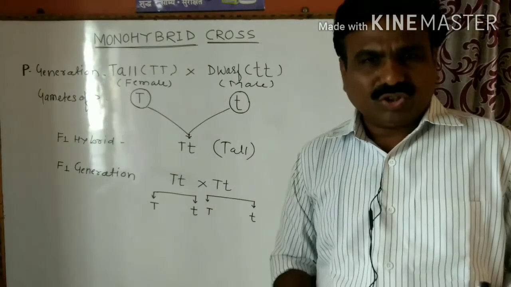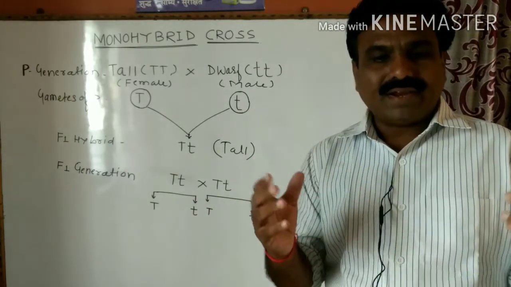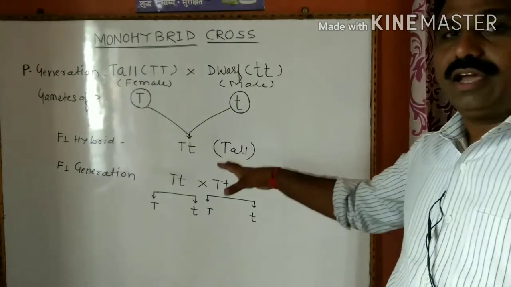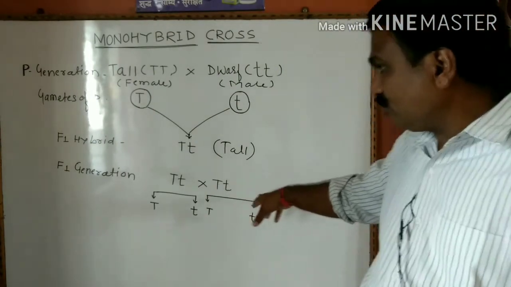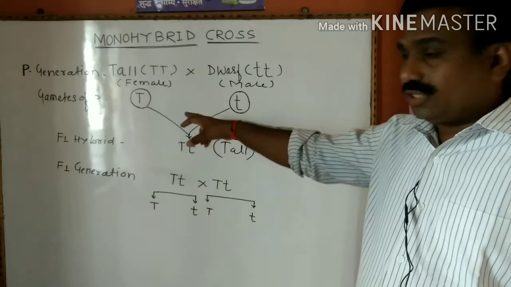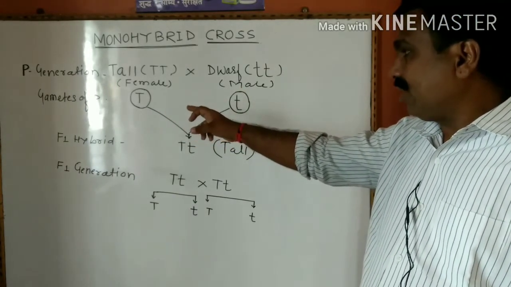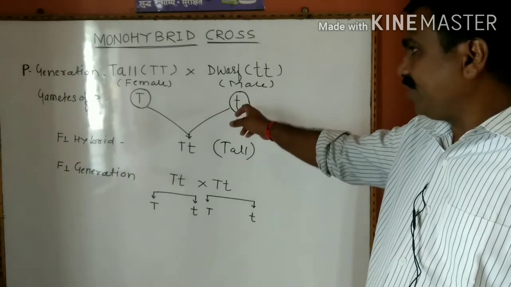Different questions were arising in his mind. In the monohybrid cross, we obtain the F2 generation with the help of gamete formation. In this cross of tall and dwarf, the gametes of the parents are capital T and small t.